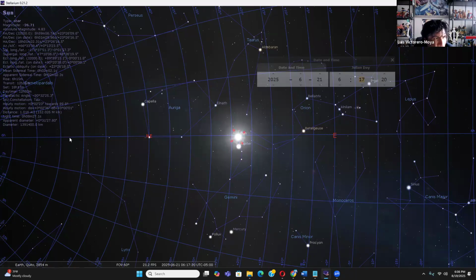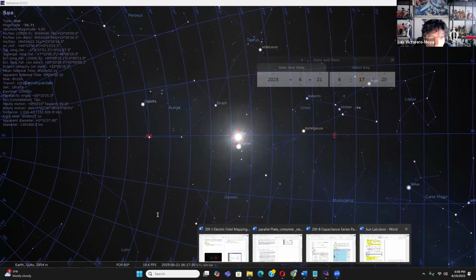And I know because this is a line. The latitude correlates with the right ascension, which is measured in hours, minutes, and seconds. Okay, so you can use that. You can also write this latitude here, but if you use the equatorial grid, that's fine. This is an estimate, okay?